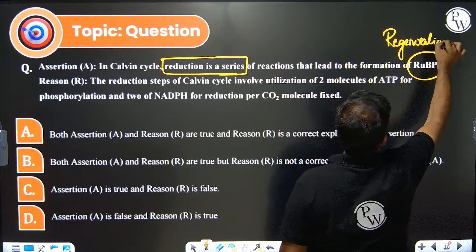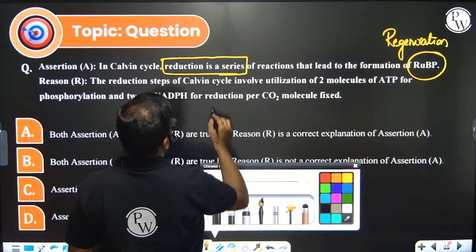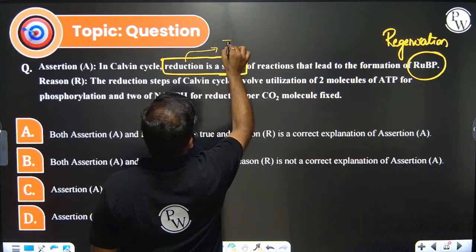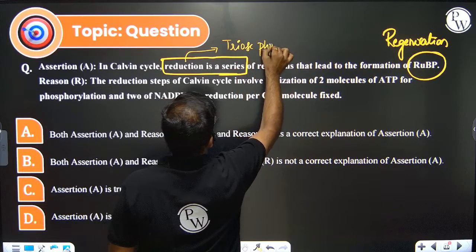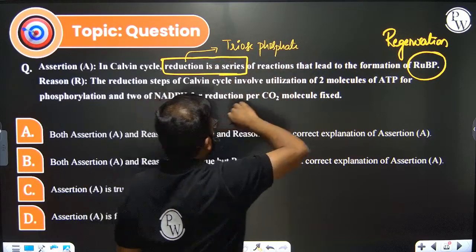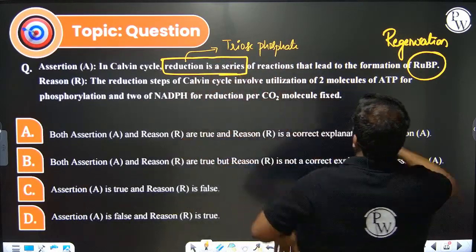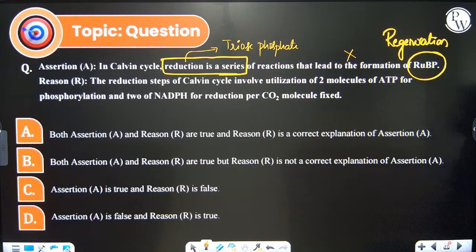Reduction results in the formation of the triose phosphate, glyceraldehyde phosphate. Regeneration results in the formation of RuBP. So it is wrong as a statement.